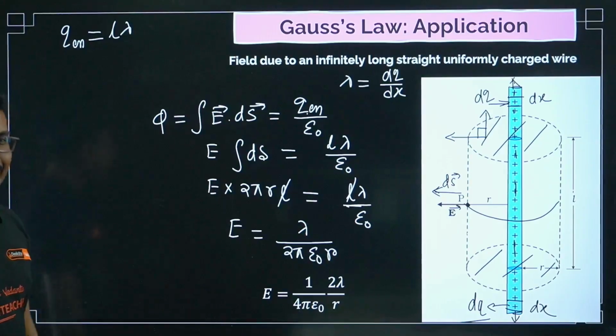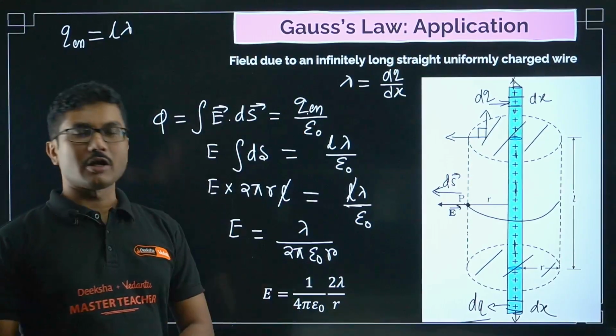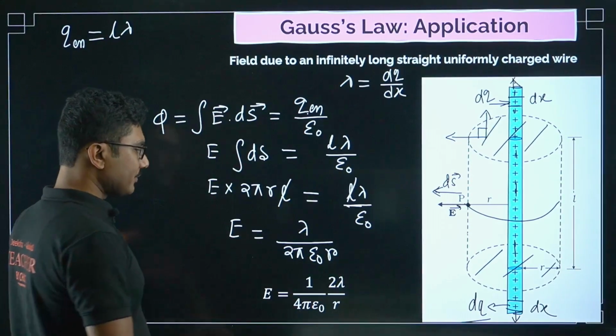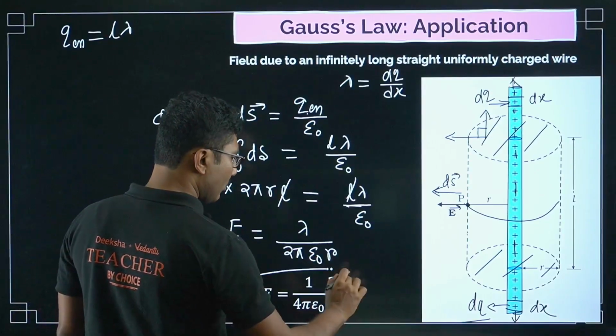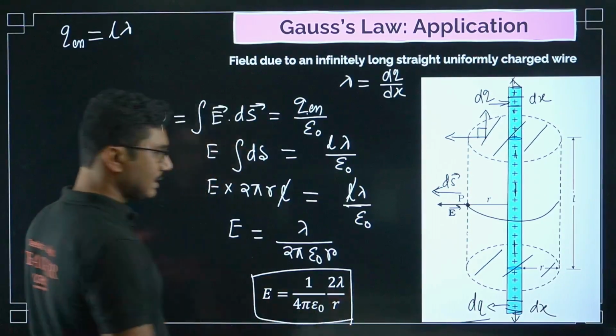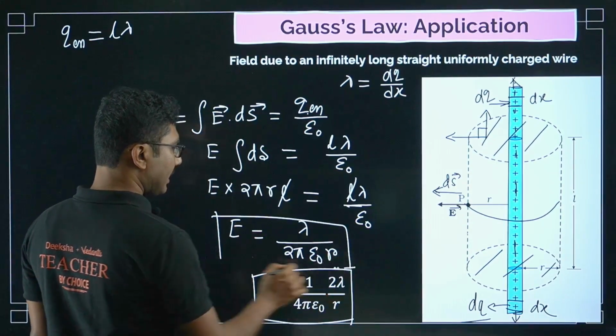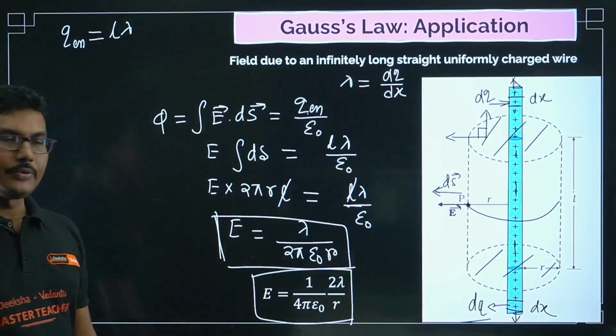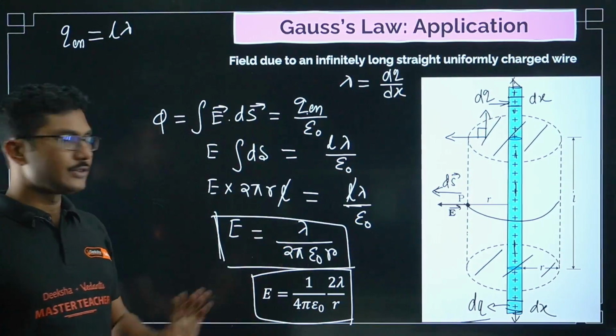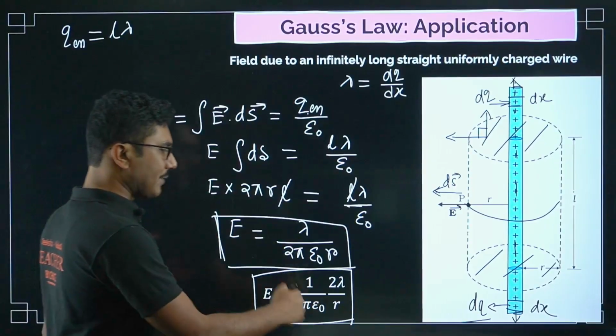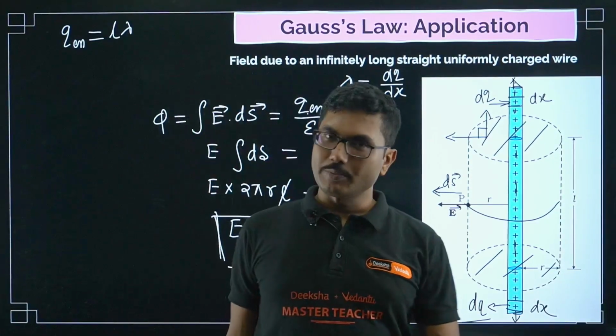Now, as I said, 1 by 4 pi epsilon naught is easy to remember. That's why I have converted this into this form. You can remember either of these two forms, whichever you are comfortable with. 1 by 4 pi epsilon naught has a fixed value, 9 into 10 to the power of 9.